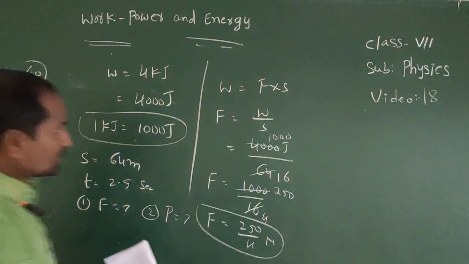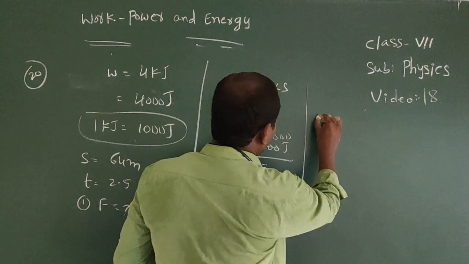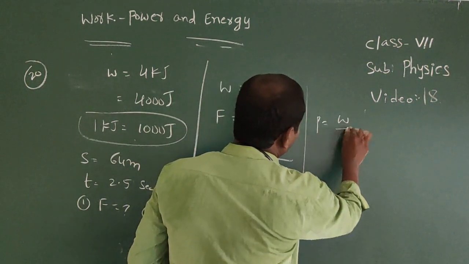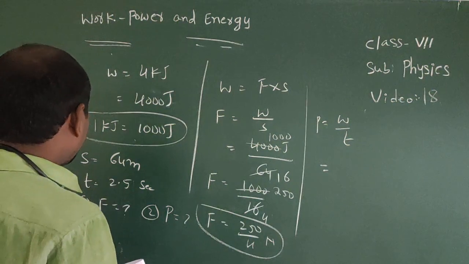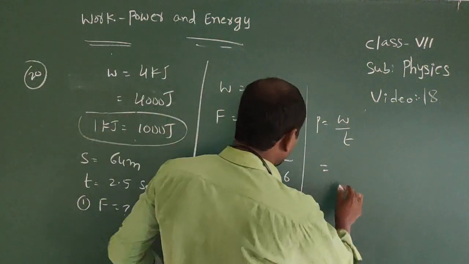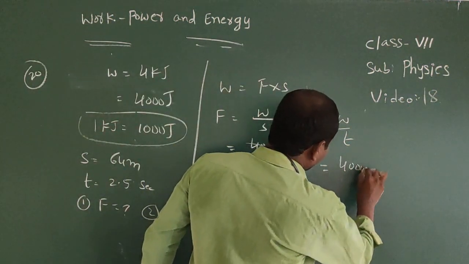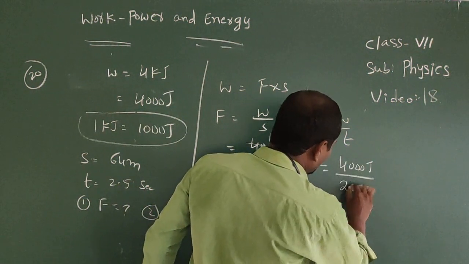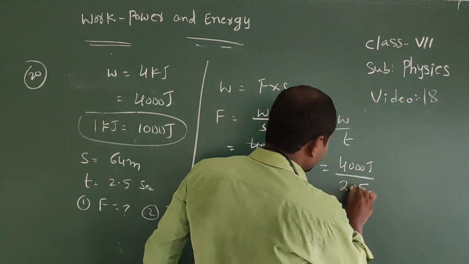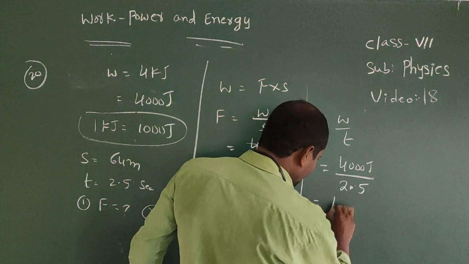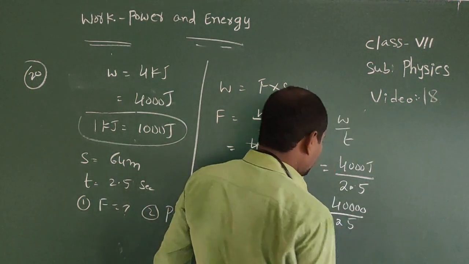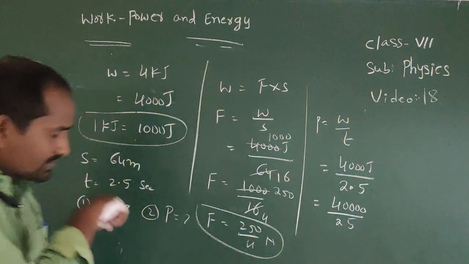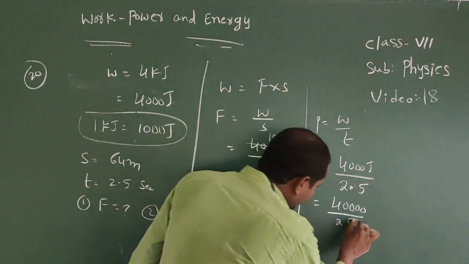And the power equal to work done by time. Work done equal to 4000 joules by 2.5 seconds. We can write 40,000 by 25.